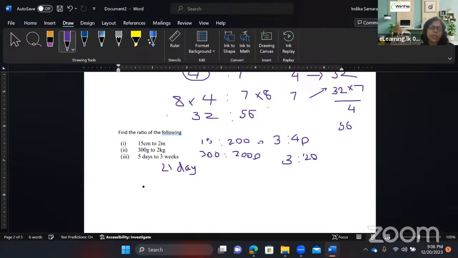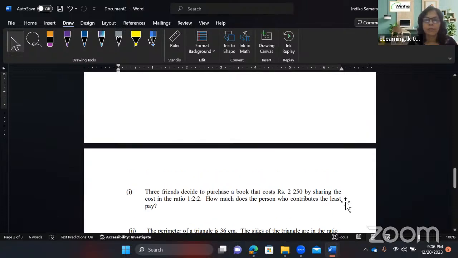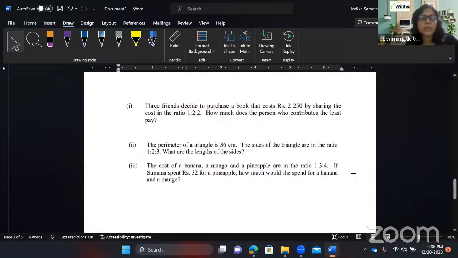Therefore, you can write this as 5 to 21. Right? So when I ask you to write the ratio, check whether the units are the same, right? Now try to do these three questions.